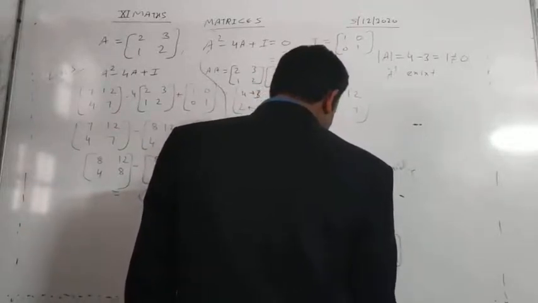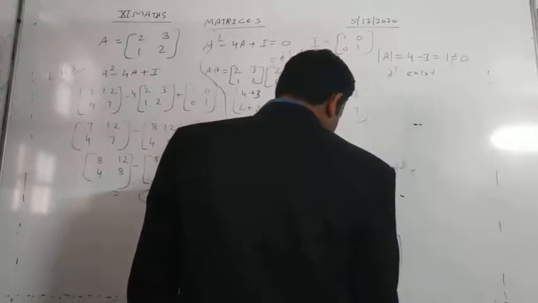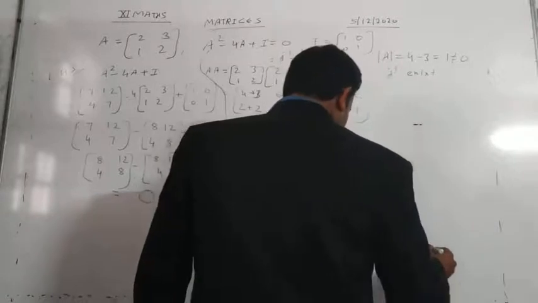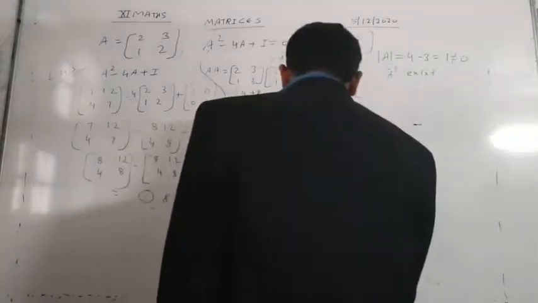So it will be 4, 0, 0, 4 minus 2, 3, 1, 2. And after subtracting, we get our A inverse.